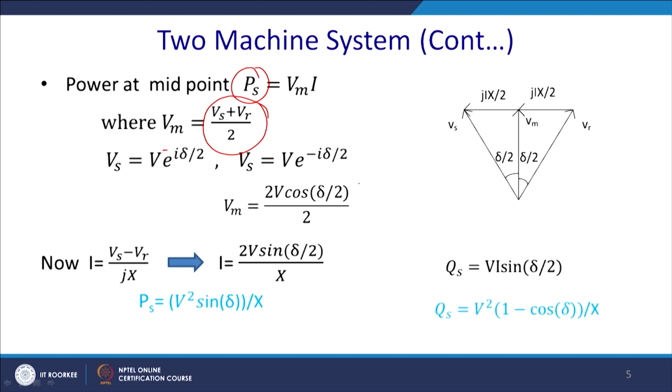Similarly we can find that this value Vm is 2 V cos delta by 2 by 2.